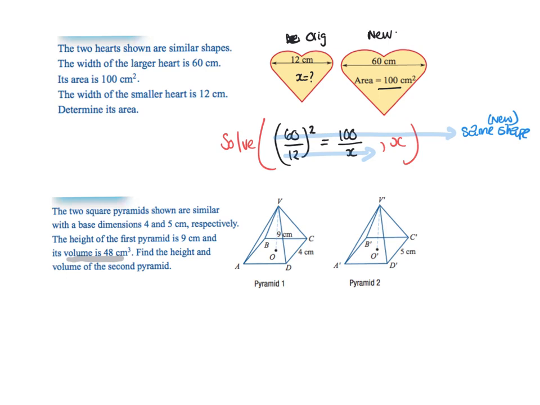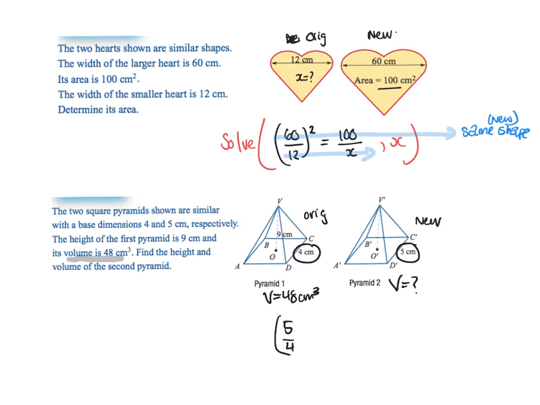Now this one, they told me in the wording that the first pyramid's volume is 48, and they want me to find the volume of this one. So I have to compare something similar. They gave me the same lengths here. So I'm going to call this the new. So I'm going to say 5 over 4.